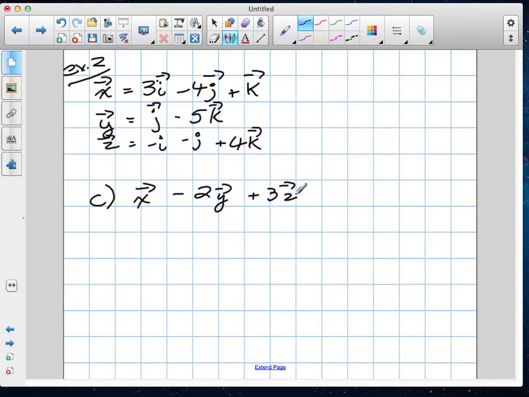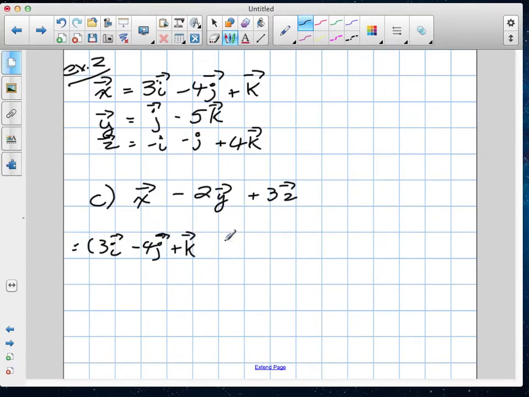Well, we know we're going to be able to do this, so what we're going to do, that's all there is to it. We're going to plug in values for x, y, and z, which I'm sure most of you guys already knew to do. So for vector x, we replace it with 3i minus 4j plus 1k.